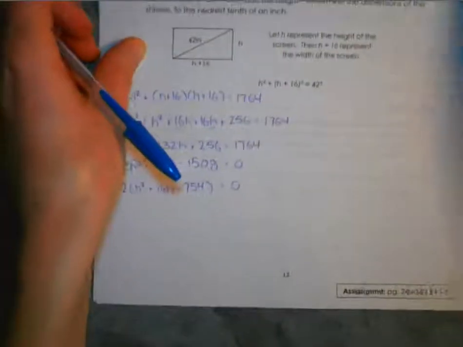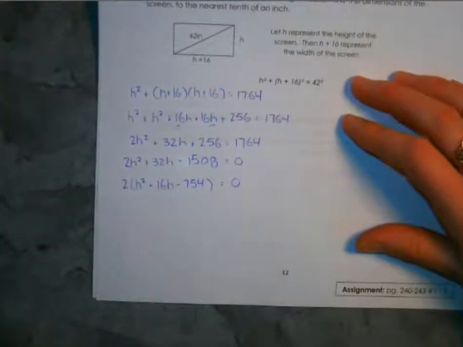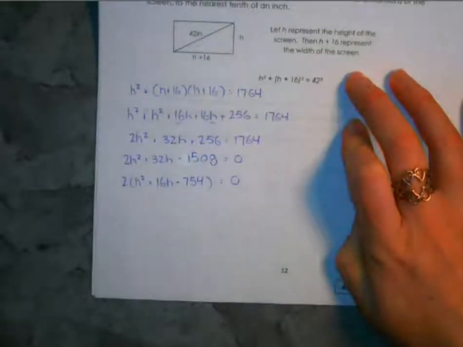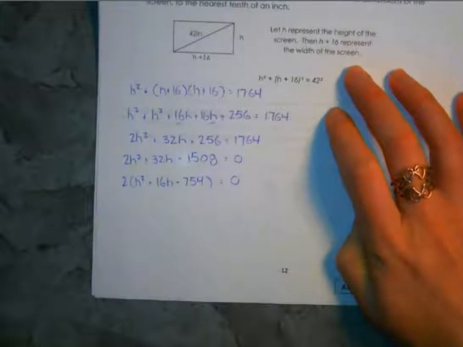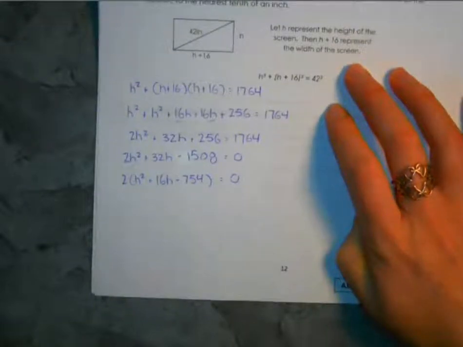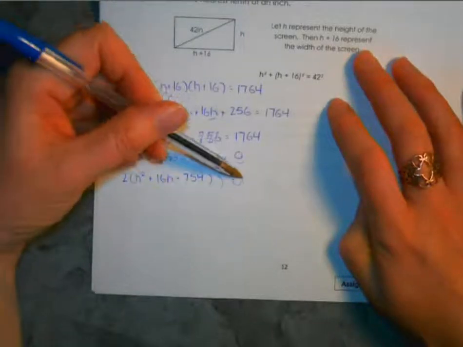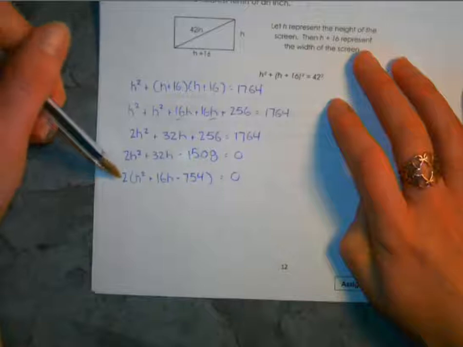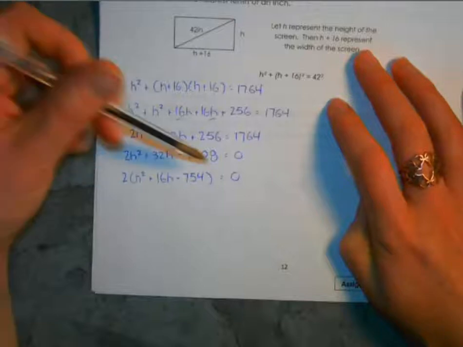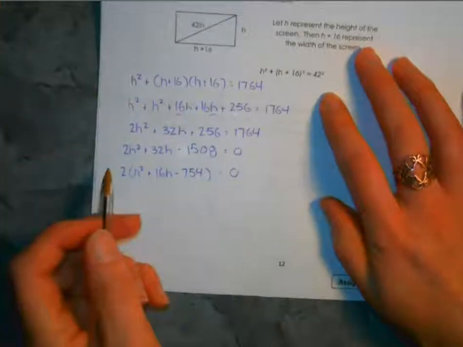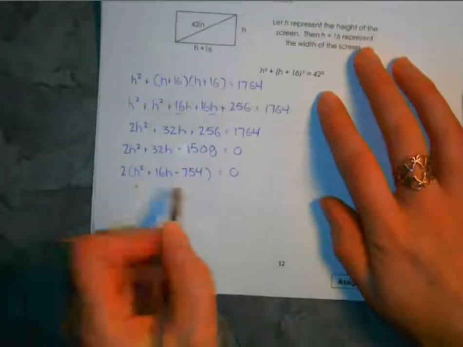Okay, so now I have this whole setup here, and basically what I want to do is get as close as I can to isolating h. One of the things I can do, because I have this side equal to 0, that's kind of nice. If I do something to both sides of the equation, then it's balanced out, and so I don't have to undo it later on, if you remember.